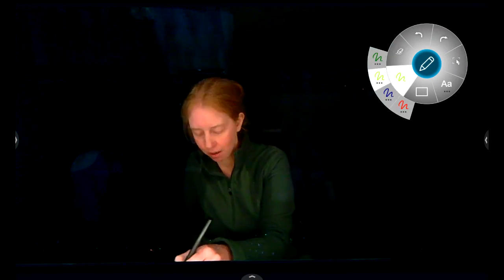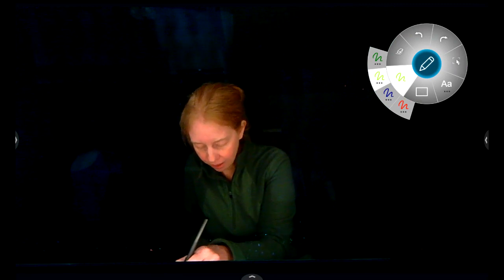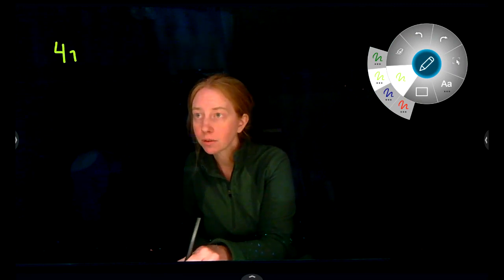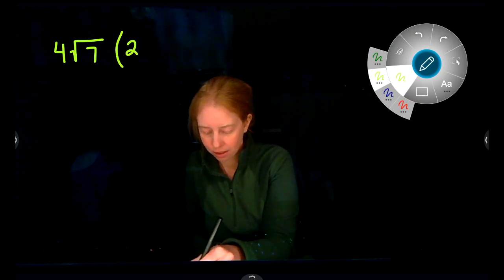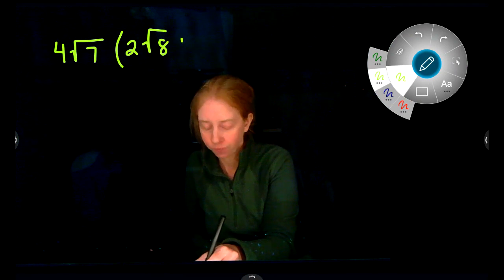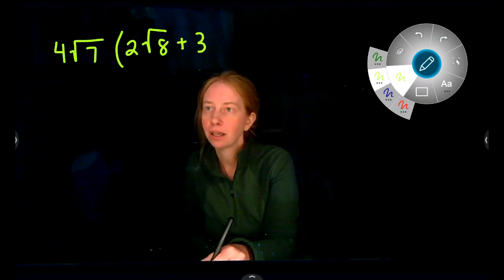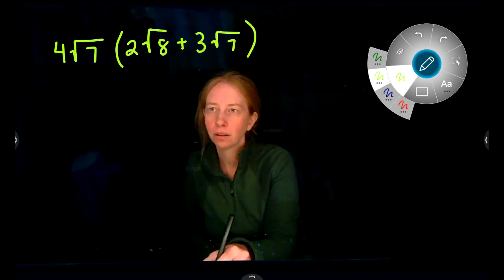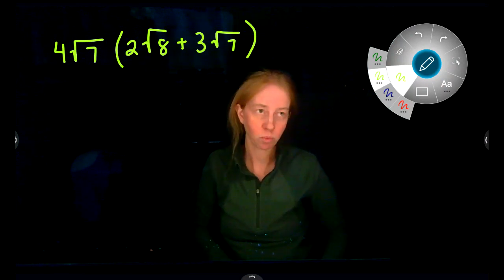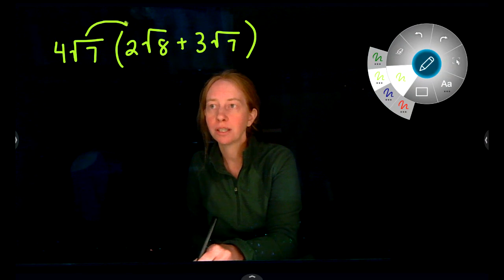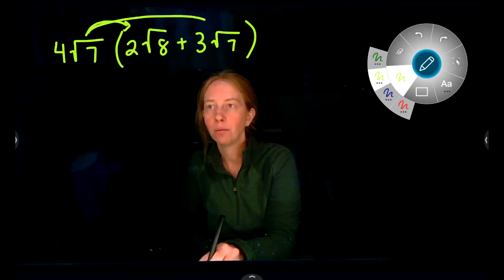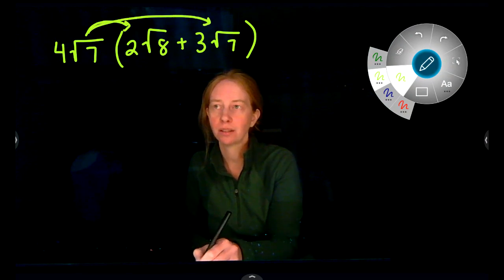Here's an example of what if you had a 4 times the square root of 7. Always love having 7s in my work. 2 times the square root of 8 plus 3 times the square root of 7. Okay, so what you see here is a problem where we have to distribute the 4 square root of 7 to both terms in the parentheses.